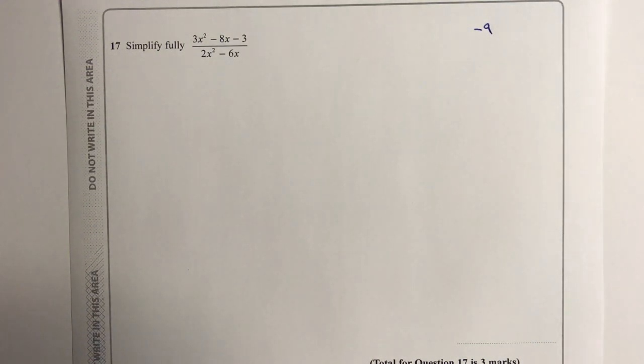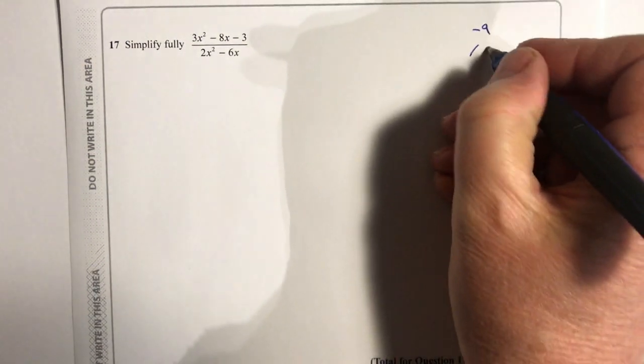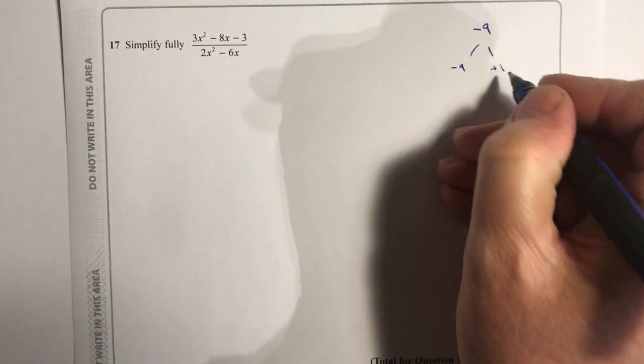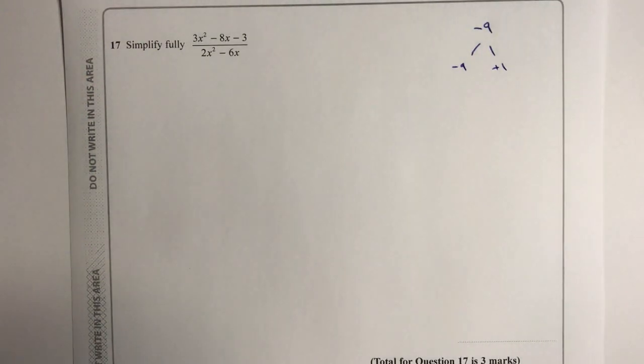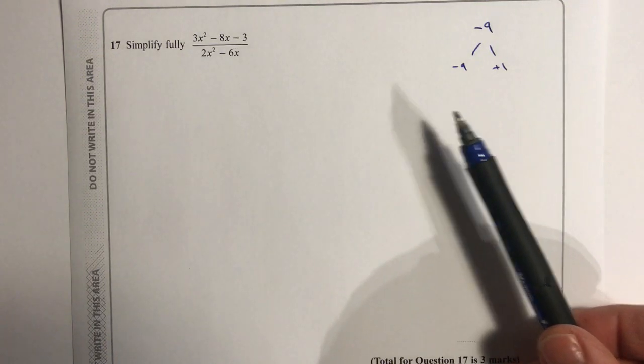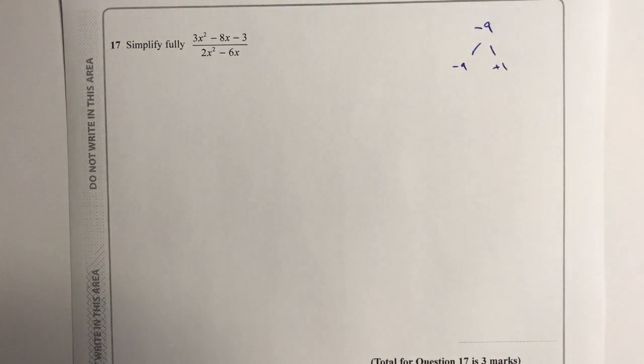So when I multiply them together, it makes minus 9, which is going to be minus 9 and plus 1. And when I add them together, I'm going to get minus 8 because minus 9 plus 1 is minus 8. Again, if you're not sure about this, please do have a look at some of the playlists on factorising algebra fractions, and this will give you a lot more examples.